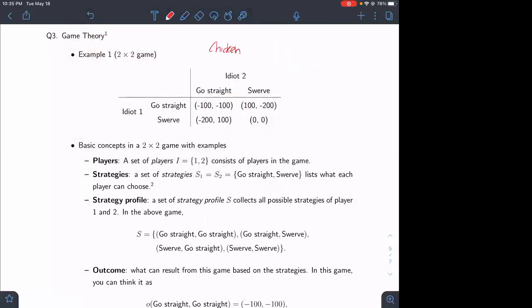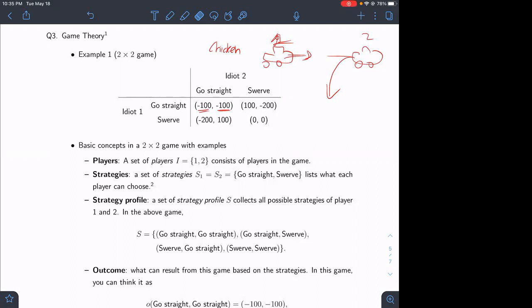Let's see who is a chicken. They are driving 2 cars like this, idiot 1 and idiot 2 each. If they both go straight, the cars get smashed and both go to the hospital. So minus 100 is their utility in this case. Suppose that idiot 1 goes straight and idiot 2 defers this challenge.